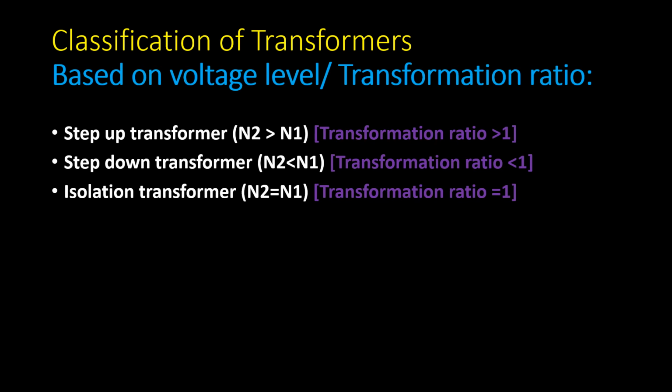So naturally, to get a lower value, we need a lower number of turns. In a step down transformer, secondary turns are always less than primary turns. So in short, the transformation ratio is always less than 1 in a step down transformer.